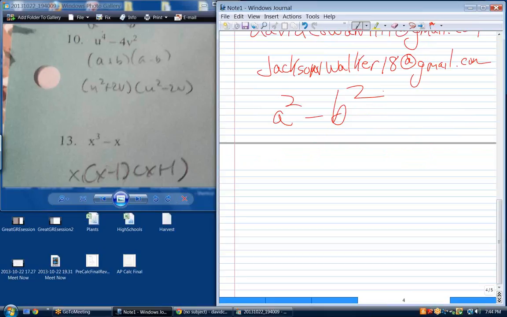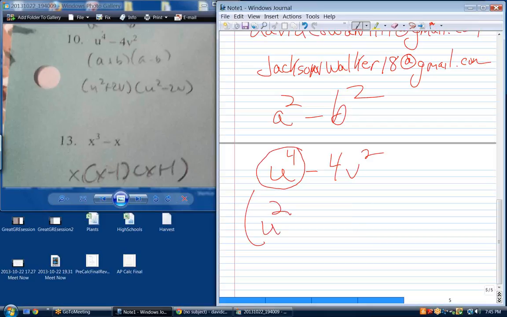It just has to be something that the square root of is a perfect square. So if I have u to the 4th minus 4v squared, the square root of that is u squared. The square root of that is 2v. So there's my a minus b times a plus b.